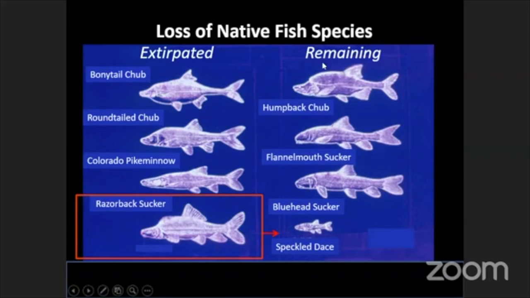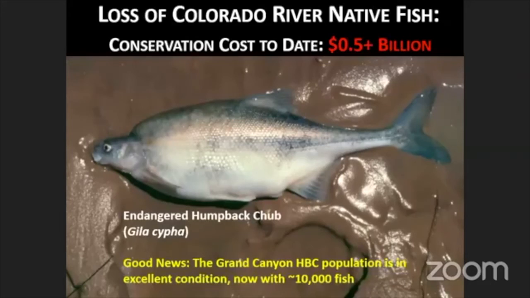We have remaining native fish: humpback chub, flannelmouth sucker, bluehead sucker, and speckled dace. The razorback sucker is endangered. There's great concern for these other species, but the humpback chub has garnered most of the management attention because there are enough of these fish to actually study them and try to understand dam effects.